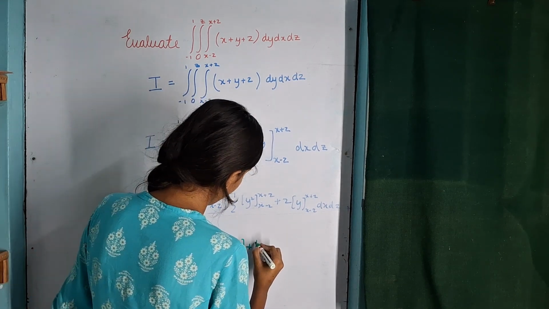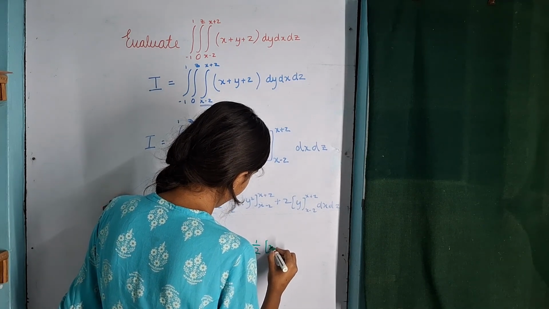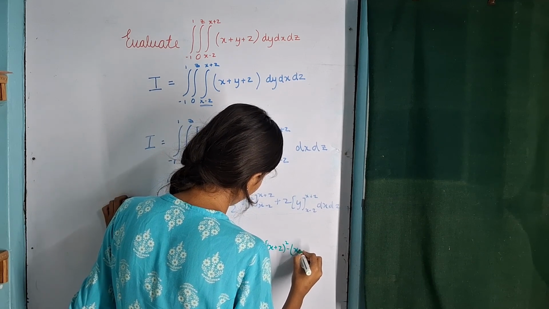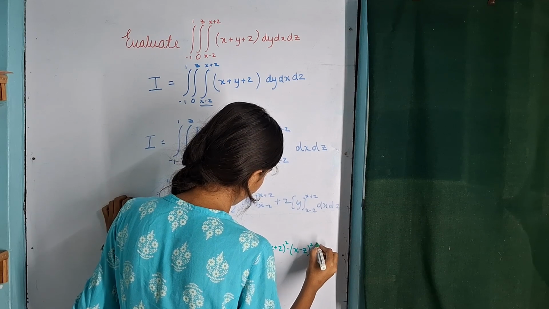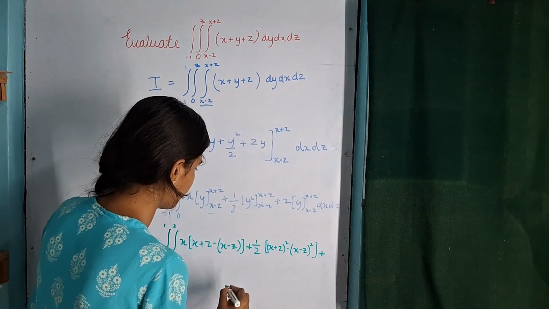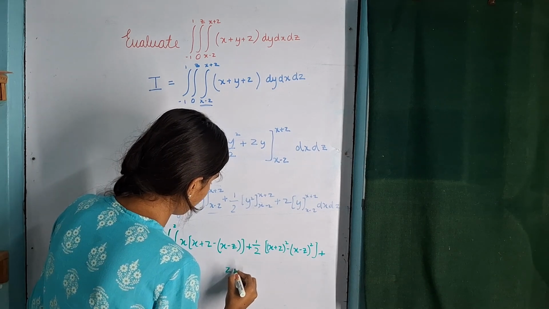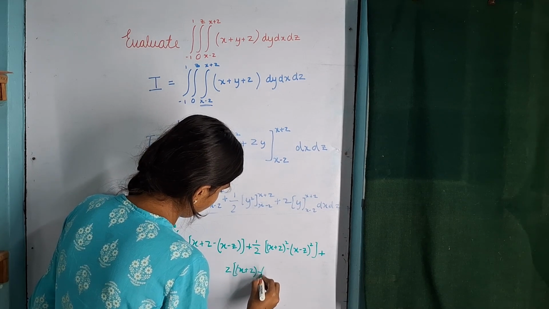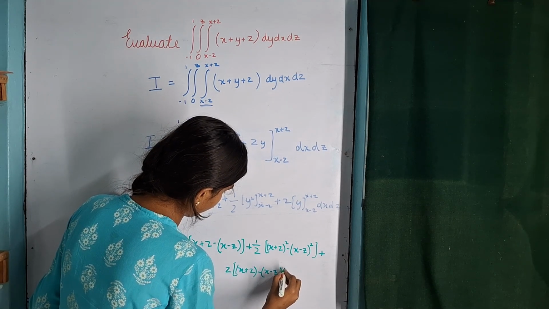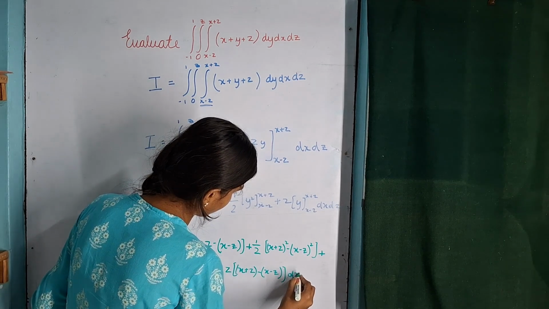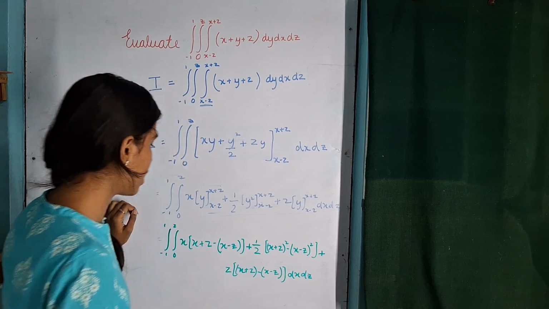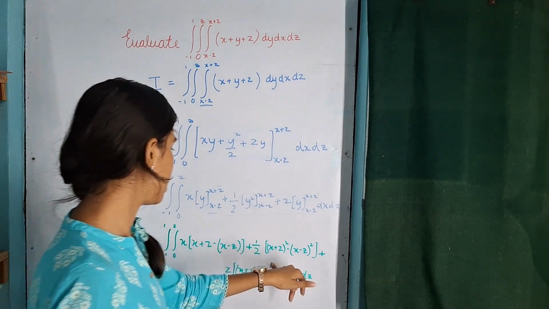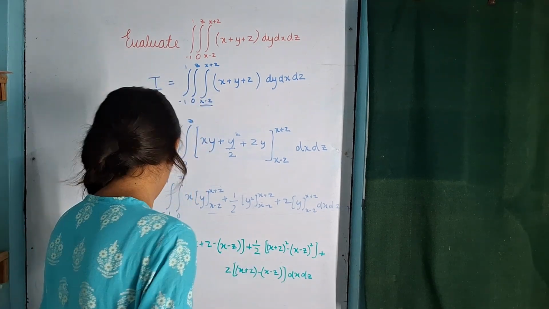Plus 1 by 2, the whole of (x plus z) square minus (x minus z) square, plus z times (x plus z minus x minus z). What I have done is just substitute the upper limit minus the lower limit, in each term.